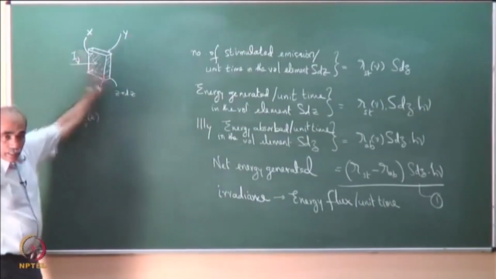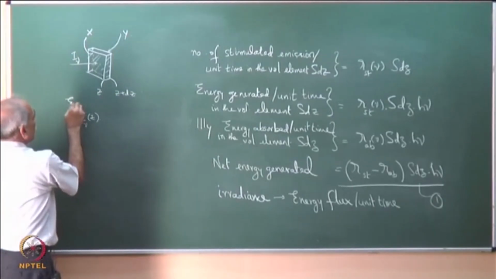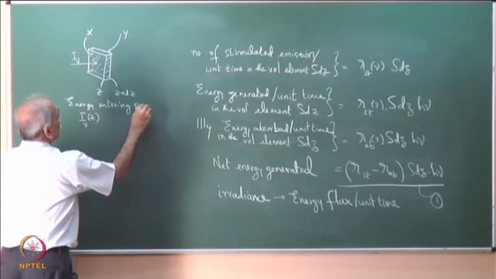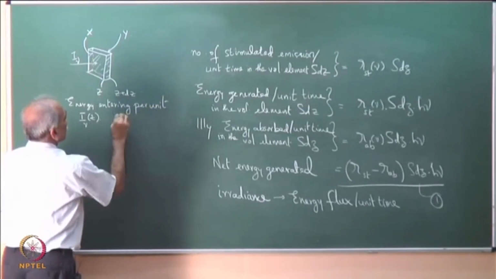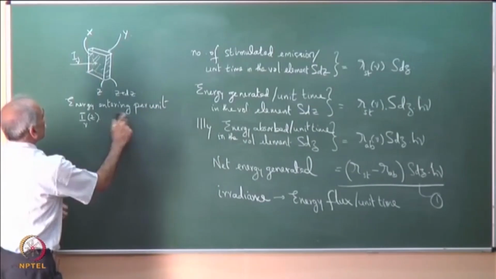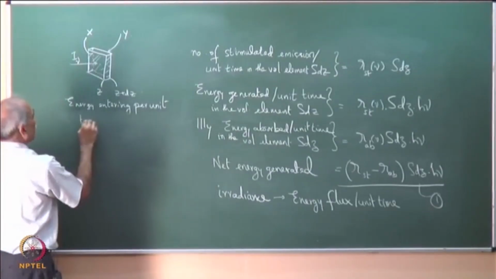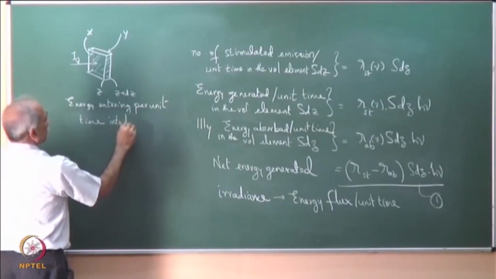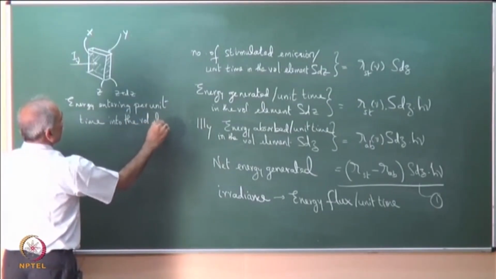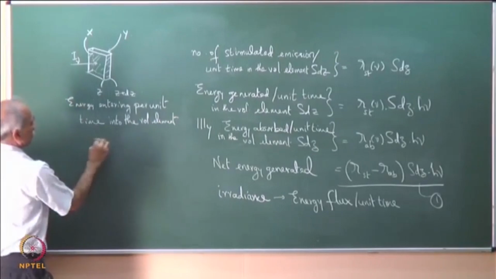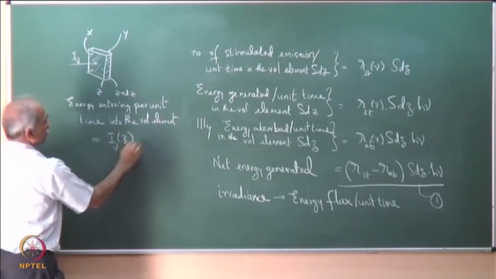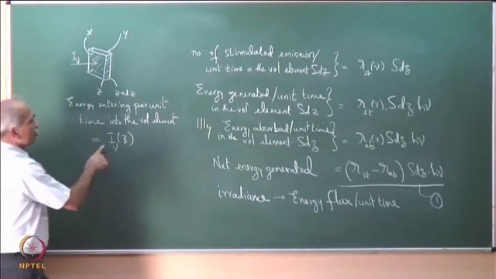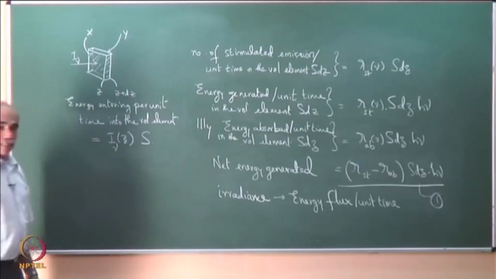So, the energy entering per unit time into the volume element is equal to I nu of z, that is the irradiance on the plane x, into the cross sectional area.